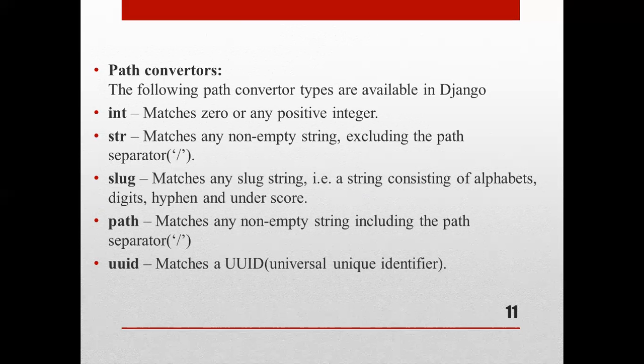Next converter is path, which matches any non-empty string including the path separator. Then UUID, which matches a universally unique identifier. These are the path converters in Django.